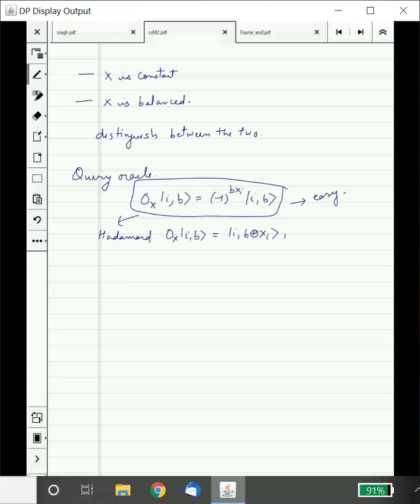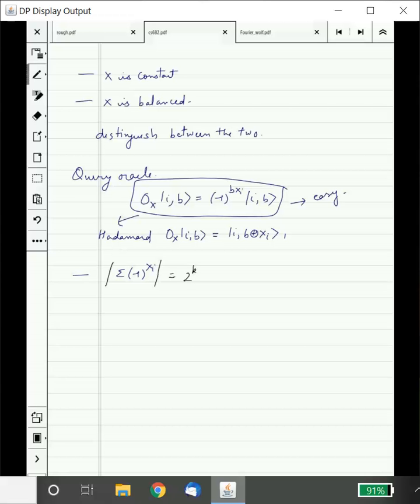Now, once we are computing the oracle answer in a phase, we can rephrase our problem in terms of the phase also. We have two cases, either x is constant or x is balanced. X is constant is saying that if I look at this sum, since everything is the same, this will turn out to be 2 to the k.